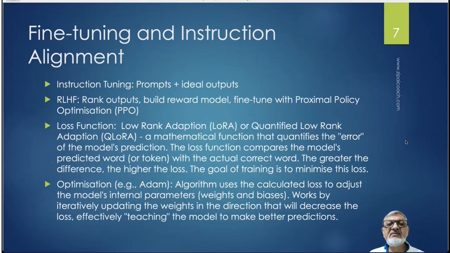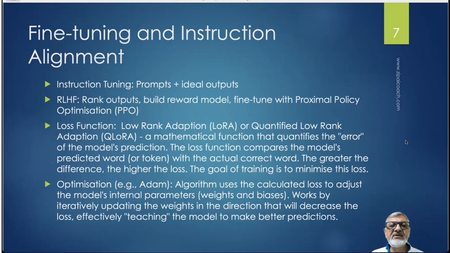So the greater the difference, the higher the loss. The goal of training is to minimize the loss. That means the text generated by the model should be nearest to the expected text. If the loss is high, it means a correction is required.